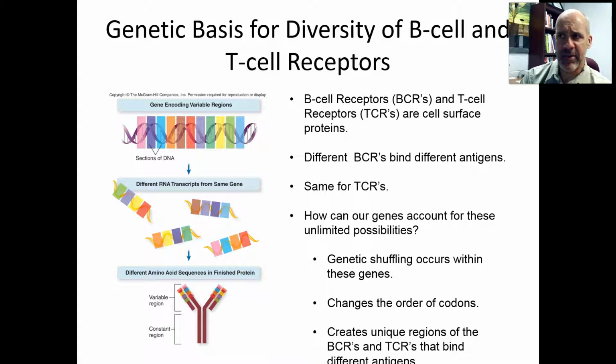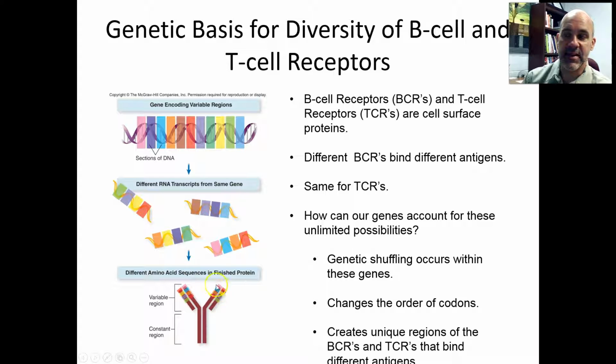But what was discovered is that there is some genetic shuffling that goes on for B cell receptor genes and T cell receptor genes. So you see, this is supposed to be a B cell receptor down here.